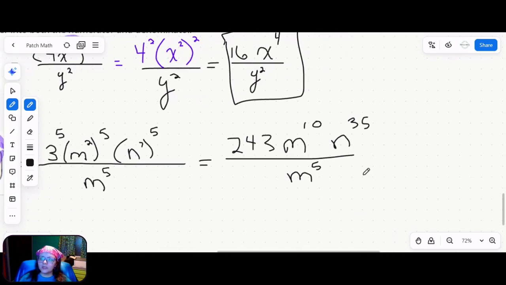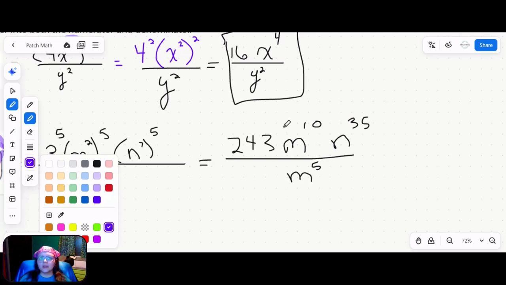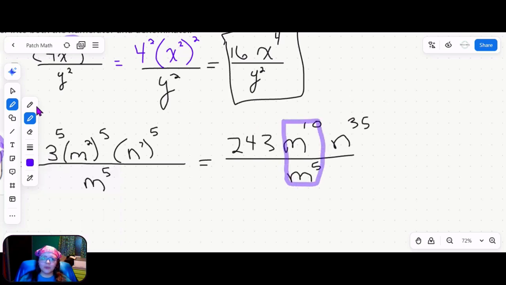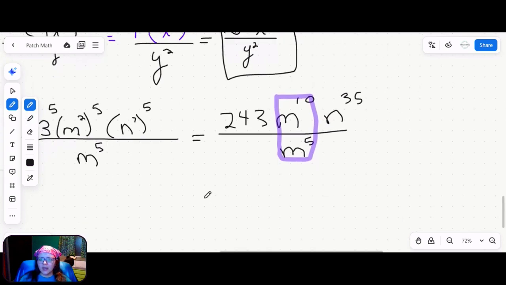And now we can simplify using quotient rule. If you see here, we have a like base in our numerator and our denominator. Everything else will stay the same. So I'm going to go ahead and write the 243 and the n to the 35.